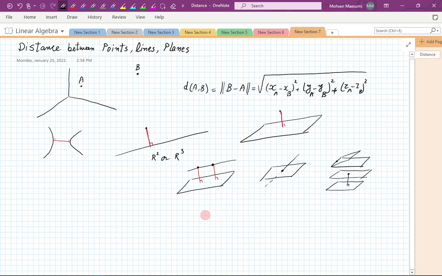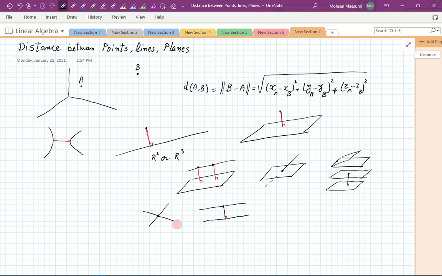Going a little bit further and deeper, well, what if I have two lines? Again, if I have the two lines intersecting with each other, the shortest distance between them will be 0. If they are parallel to each other, again, if you choose any point here, the distance from the other line would be what you're after, and you're all set.